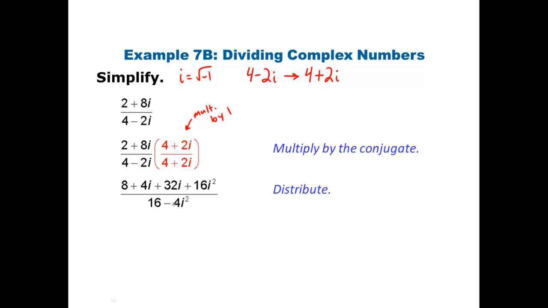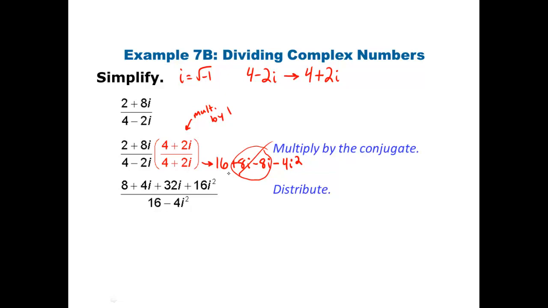Now on the bottom, we left out a step here, just if we need it. 4 times 4 is 16, and then we have 4 times 2i, and then we have -2i times 4, and then -2i times 2i is here. So what happens to these middle terms, plus 8i minus 8i cancel out, which is why in this step we only have 16 minus 4i squared.